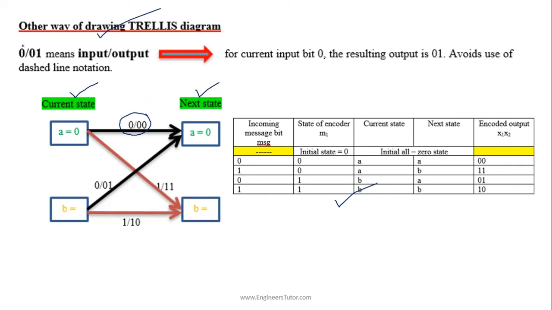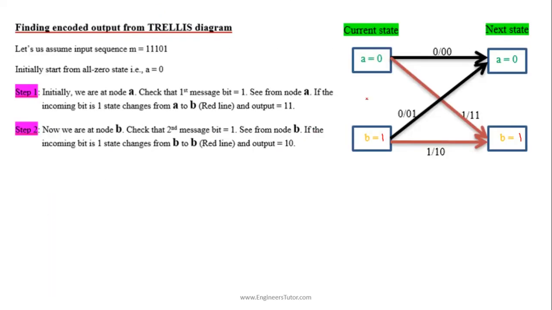This 0 represents the incoming bit and the corresponding output is represented in this manner. So it avoids the use of dashed line notation. So we have understood how to draw the code trellis or a trellis diagram for the given convolutional encoder.